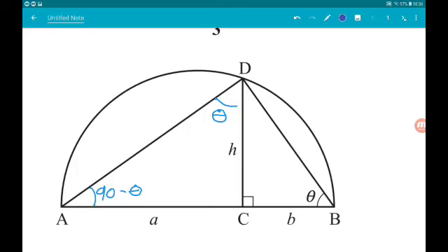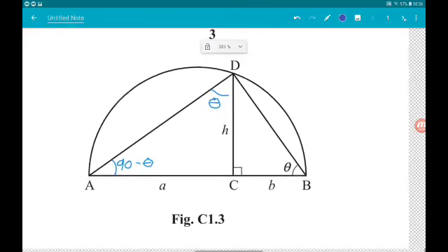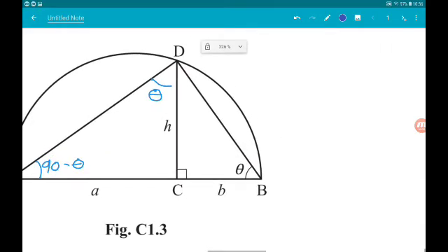From the left-hand side we get that tan theta is equal to the opposite, A, over the adjacent, h.